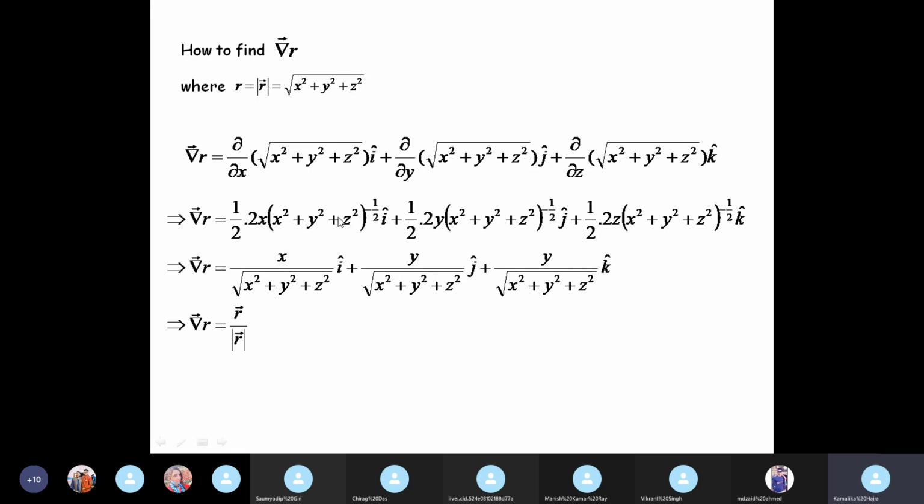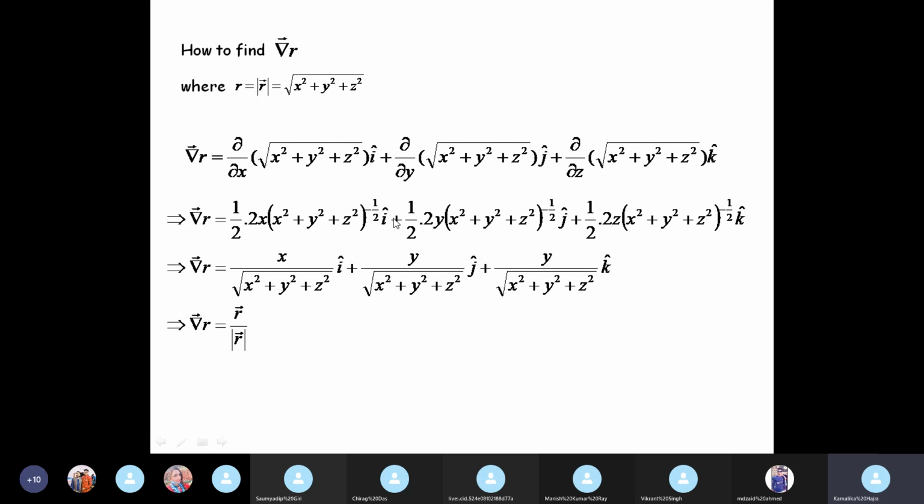This is simple differentiation: root over this function, so half into 2x times the function to the power half minus 1, that gives you minus half. Similarly for this, half into 2y, this whole function to the power half minus 1, that is minus half. And same with z here.